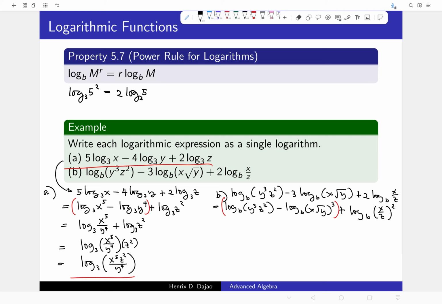So if I group the first 2, which is easy, we will apply now the property 5.6, which is the quotient rule, if you can still remember the quotient rule. So the quotient rule, log b of m over n, that's log m minus log n. So we will turn this into an expression that looks like that.